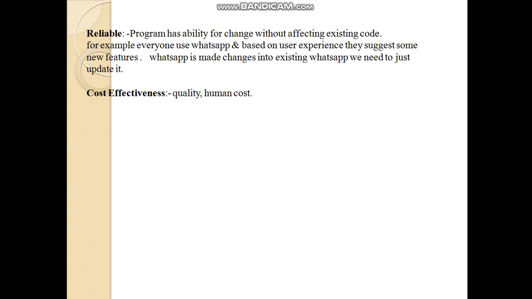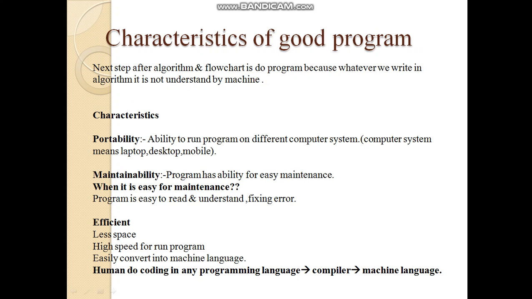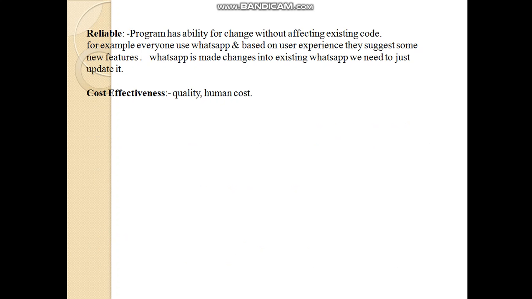In a flowchart there are various symbols, and every symbol has a specific purpose. Then there are the basic characteristics of a good program. So while writing any program, first write the algorithm and draw a flowchart, then go for writing the program in any language.